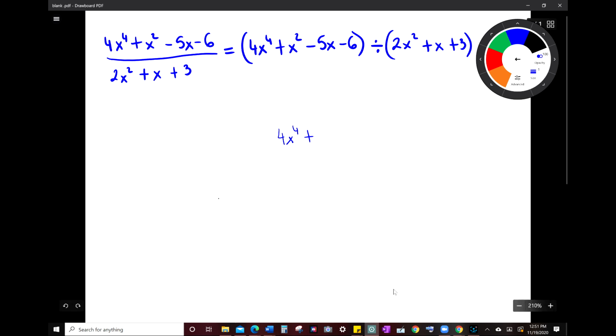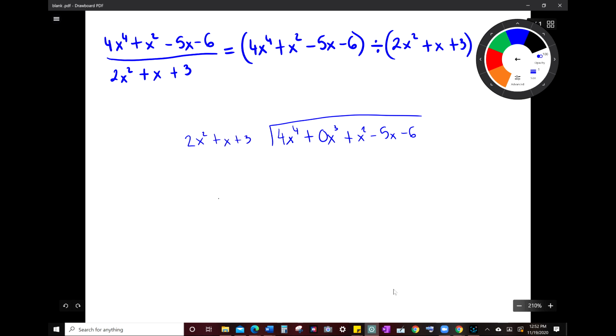So instead of that, I put 0x to the third power. And then plus x squared minus 5x minus 6, and then divided by 2x squared plus x plus 3.